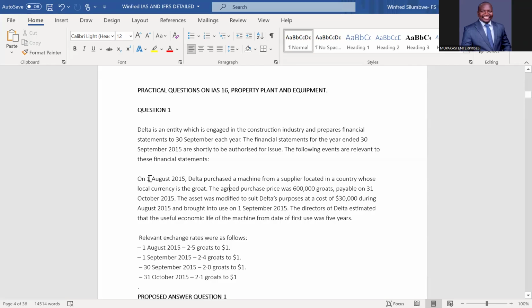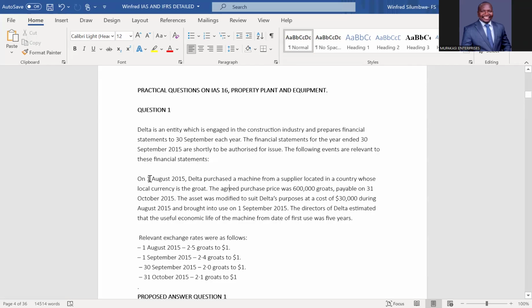Let's count after purchase: August 1, September 2, and October 3. So after the purchase, it was paid 3 months later. Again, after the end of 30 September, it was paid 1 month later. Are we getting the scenario there?